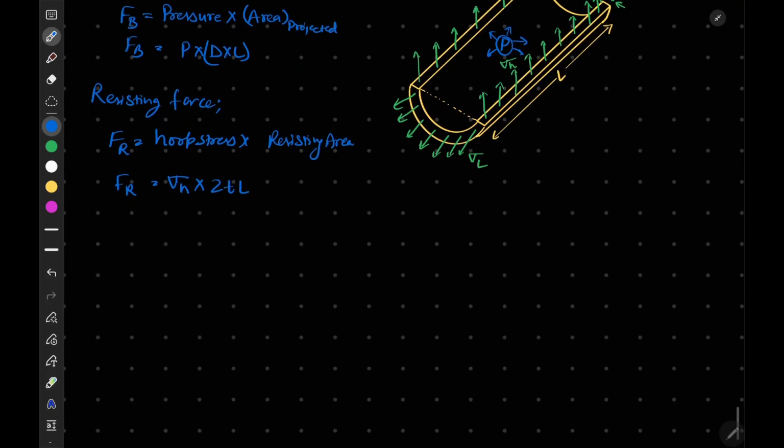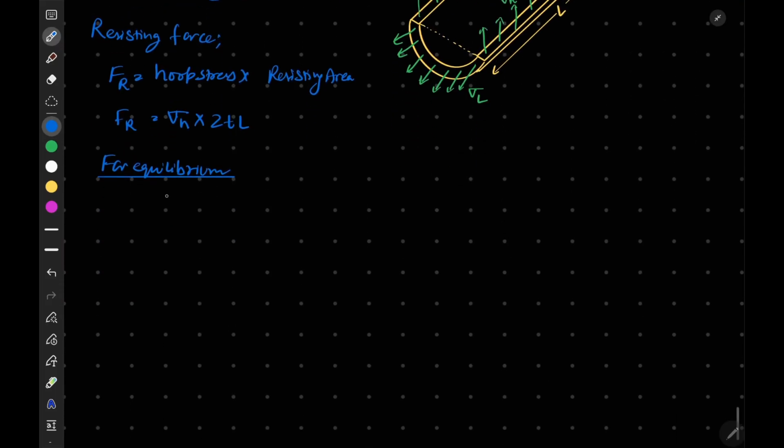Now for equilibrium, what will happen? Your Fb must be equal to Fr. So I can write that pressure into D L is equal to sigma H into 2TL.